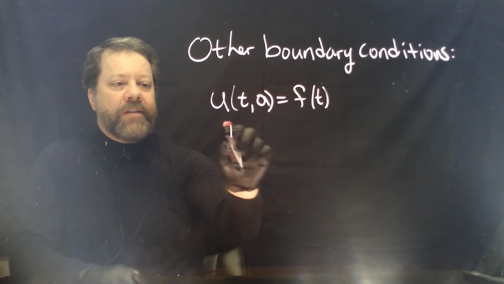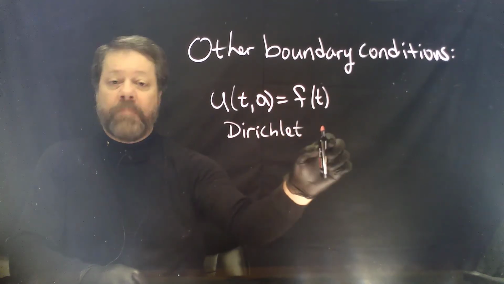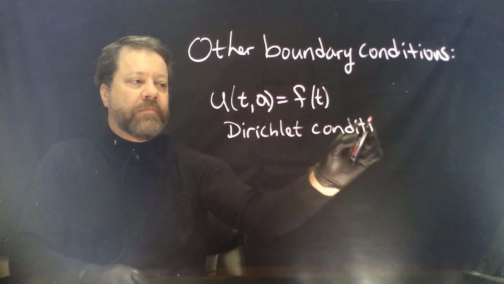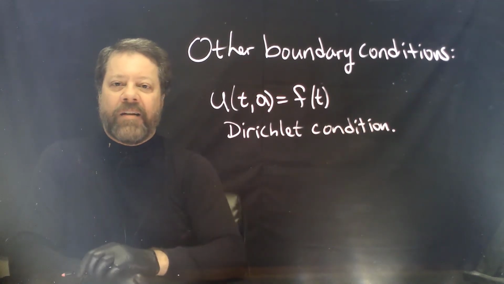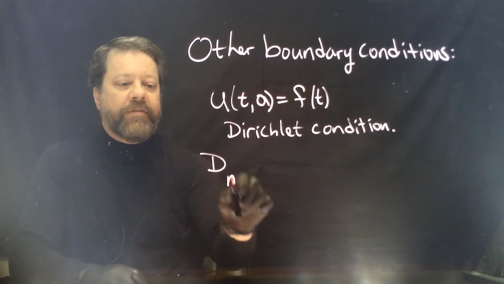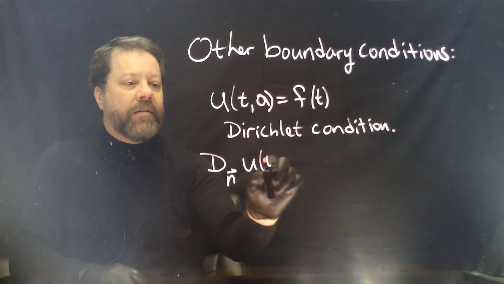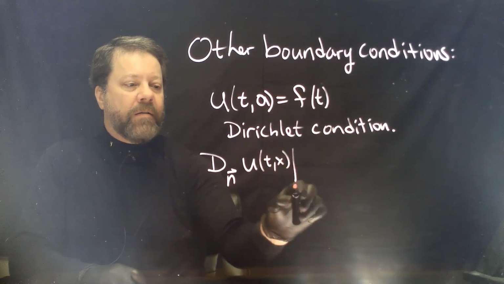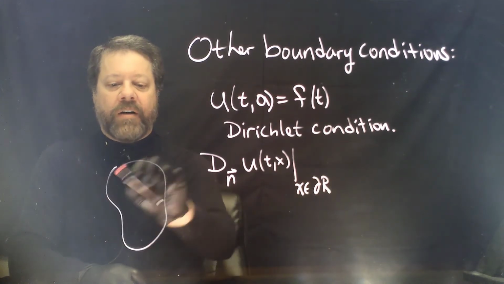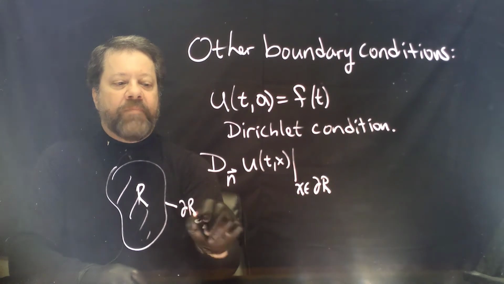This is called a Dirichlet boundary condition. Alternatively, you can describe the normal derivative, where we have some region R and a boundary to the region.